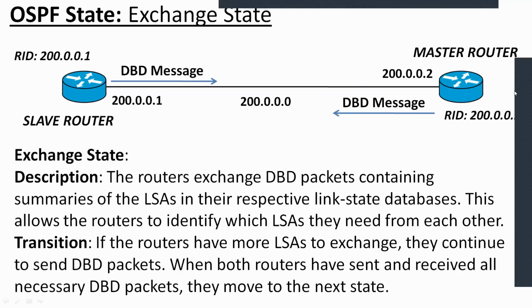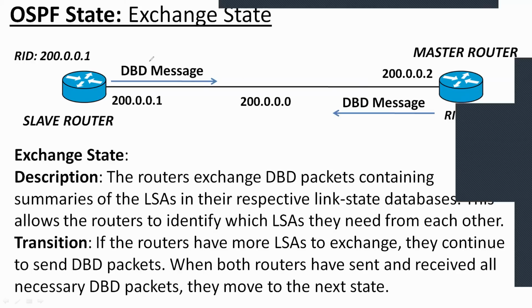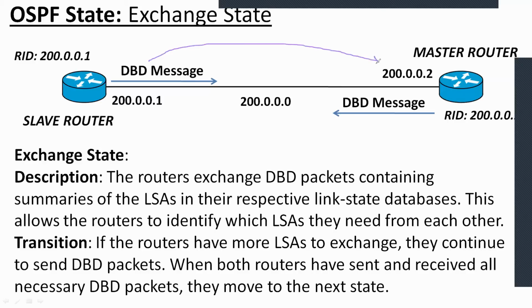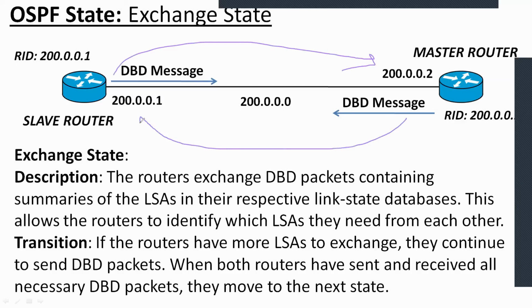Here in the exchange state, the router will forward the DBD message. Now, what is the meaning of this database description packet? Let me tell you clearly, the database description is the summary of the entire database. The routers will not exchange the entire database, but will only forward the database description, a short description of the database.